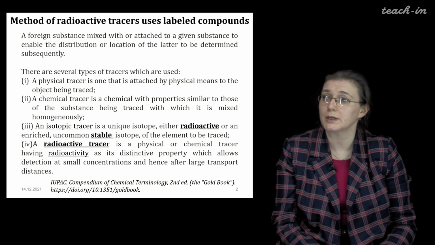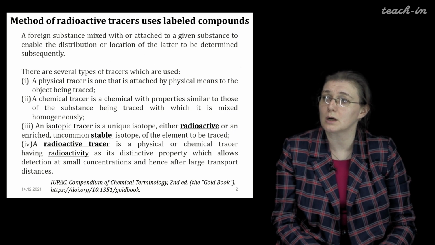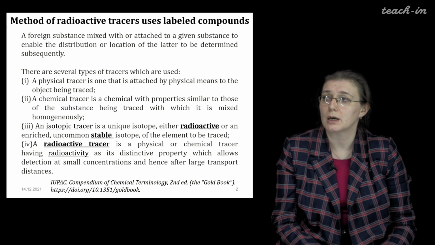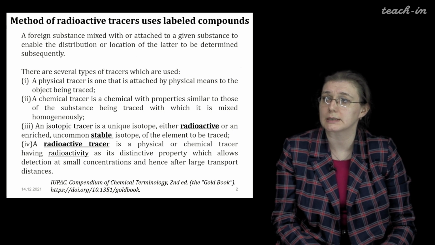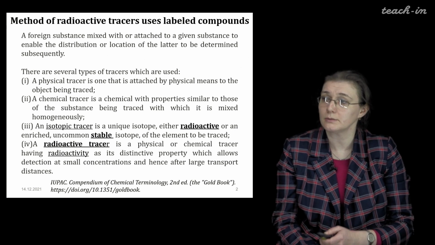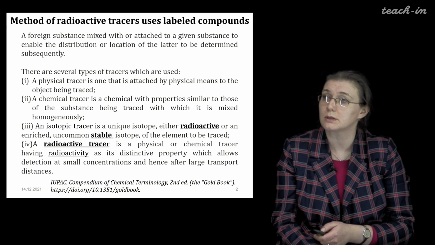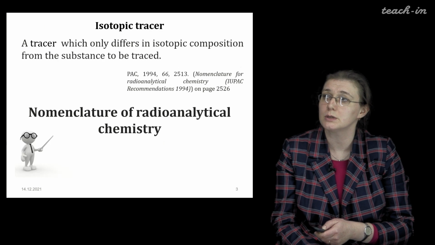And finally, a radioactive tracer is a physical or chemical tracer having radioactivity as its distinguishing property, which allows detection at small concentration and hence after large transport distance. These definitions are taken from IUPAC, so you can use them where you want.